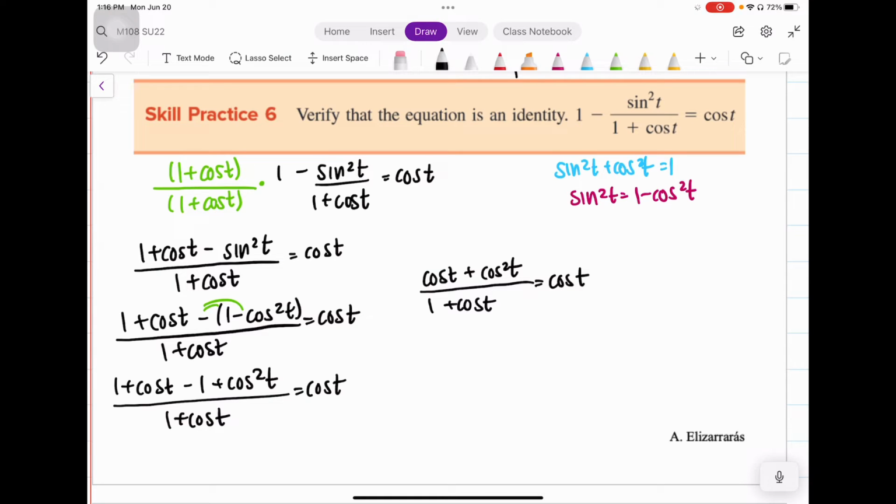I recognize that the numerator shares a cosine t. I can then factor that out, which leaves me with cosine t times 1 plus cosine t, which looks familiar and helps me know that I am headed in the right direction. The 1 plus cosine t's cancel, and so I then have the cosine of t is equal to the cosine of t, which verifies that identity.